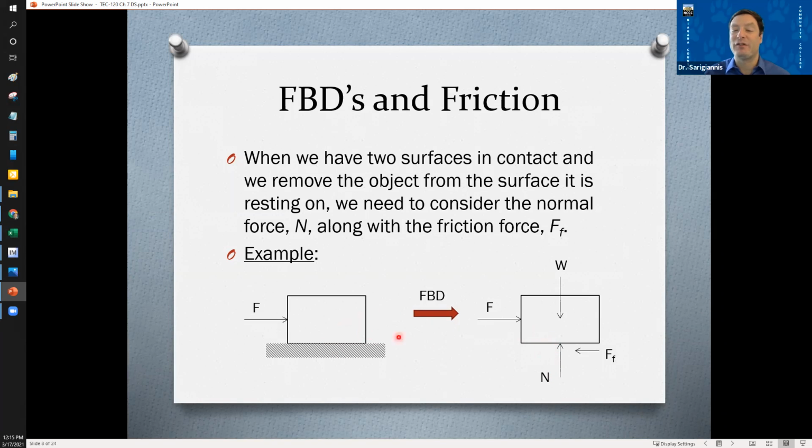And now if we're considering friction, we've got to add that force in, the force of friction. So we need to consider that along with the normal force, normal to the surface that the object is resting on, right? So this box is not just seeing one force here, right? It's got the weight, the force acting down. It's got the normal force, the reaction force of the surface, right? And then we've got this force of friction, which is opposing motion.